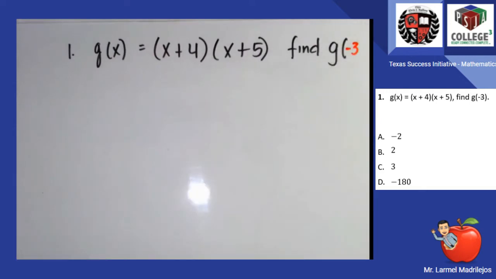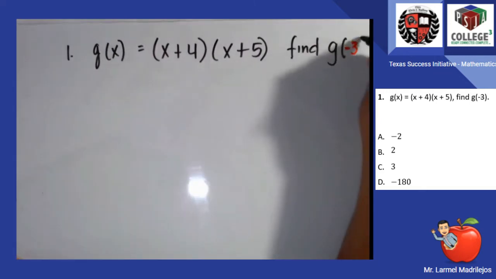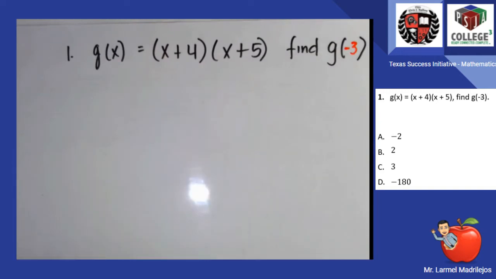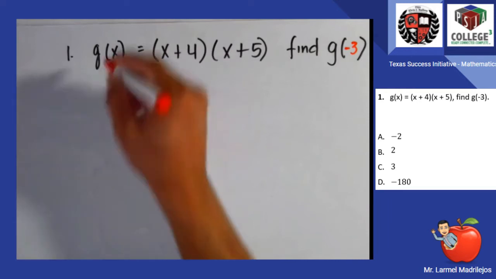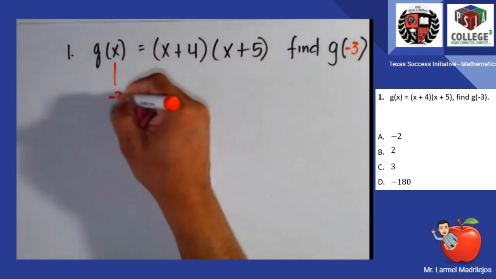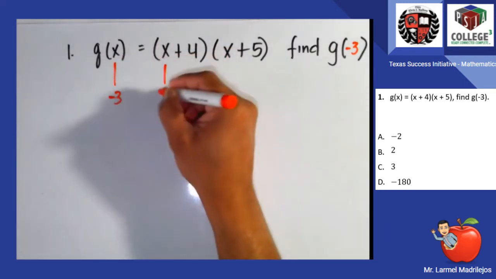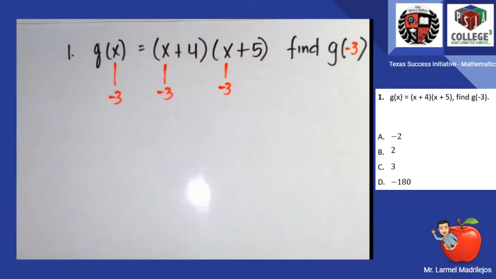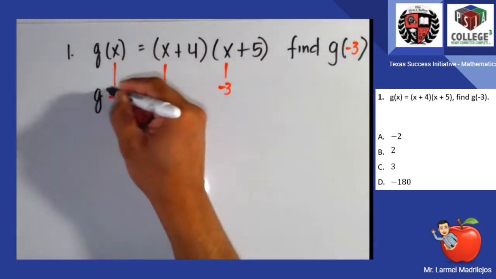Okay. So if you're going to look at this equation here, or this function here, it means you substitute negative 3 on every variable x. So I saw here negative 3, another variable. And then I'm going to rewrite my equation.